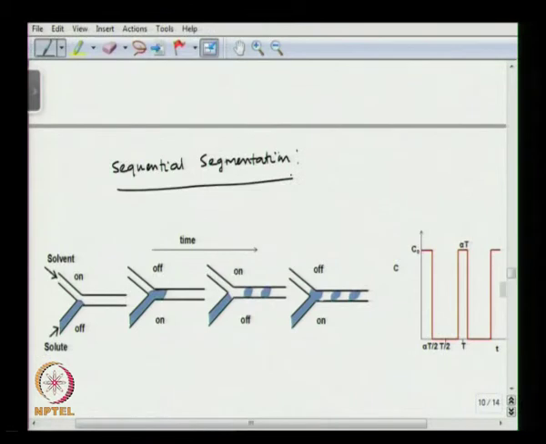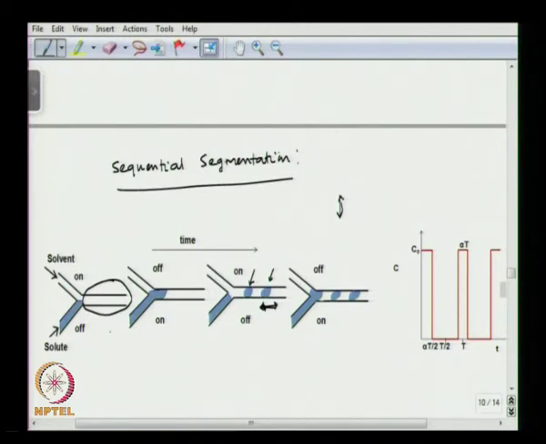So we alternately inject the solute and the solvent into a mixing channel using a valve, and we allow these blocks of solute to mix with the solvent along the direction of the flow. That is what is shown here. The solute and the solvent are injected into this mixing channel alternately, so we create blocks of solute in the solvent. The mixing is going to happen along the direction of the flow as opposed to across the channel as you have seen earlier.